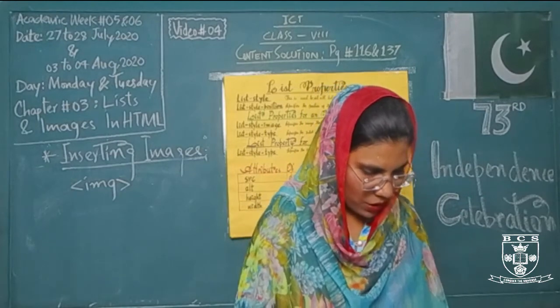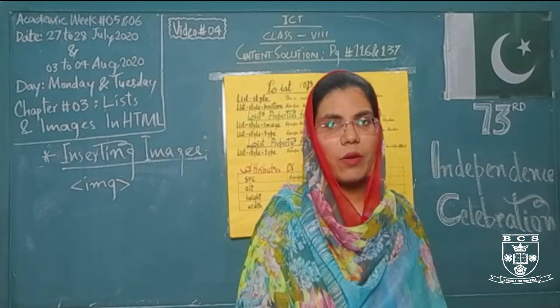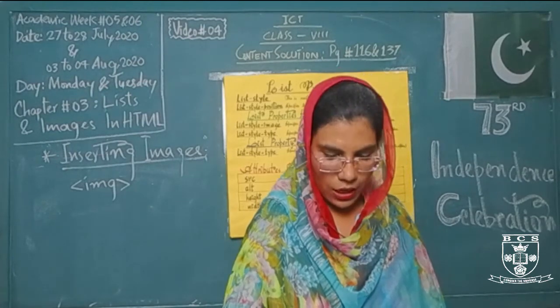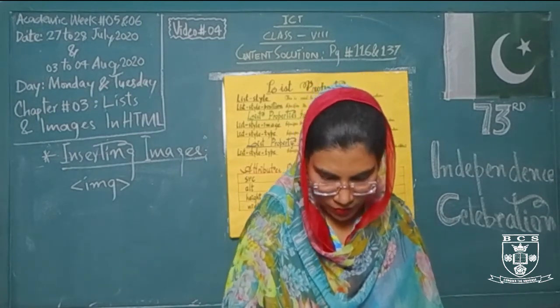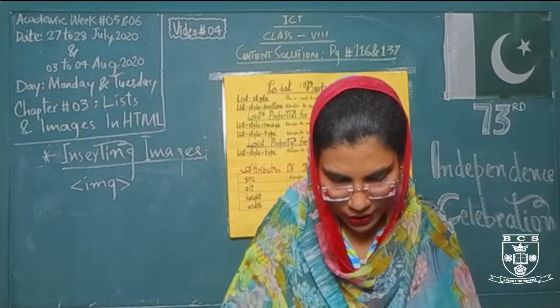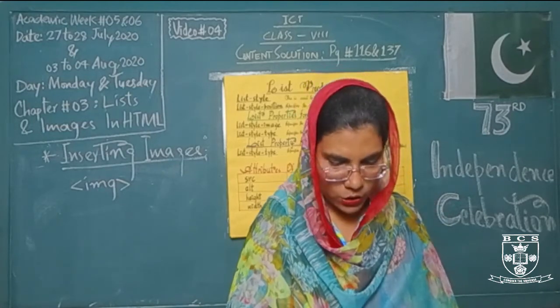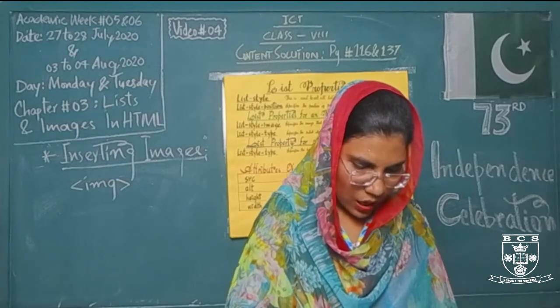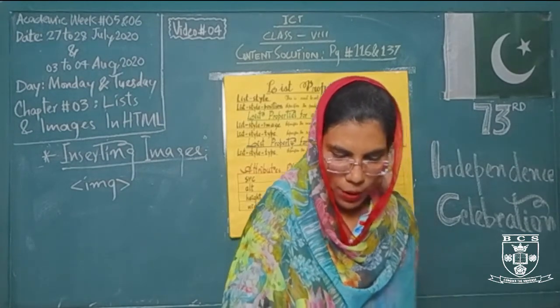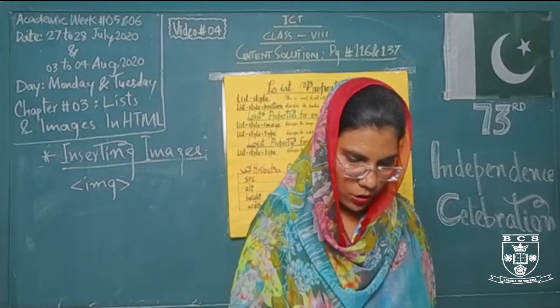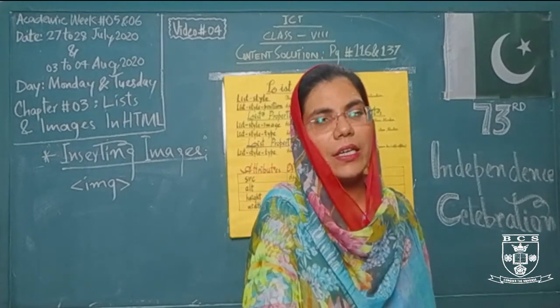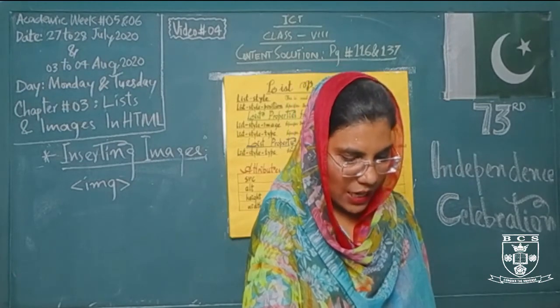And now from week number 5, content solution, page number 116, firstly you will complete your work for your objective type questions and then for your descriptive type questions. Then you will come to page number 137 in the same content solution but for week number 6, and here we again have the answers of the two different parts of the descriptive type question. You will complete this yourself, and all questions have been completed with the help of this explanation.